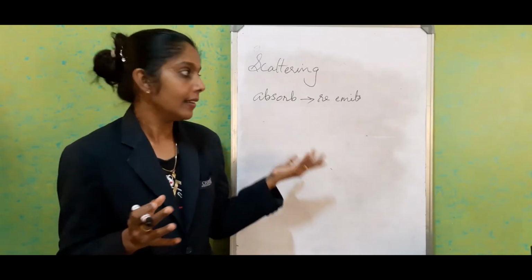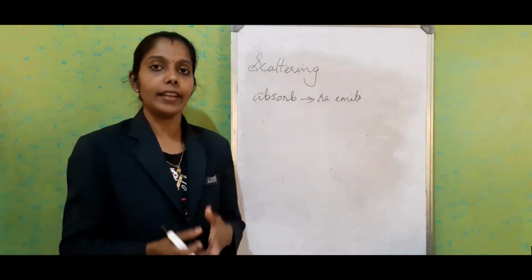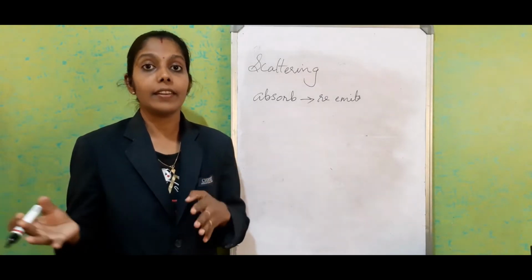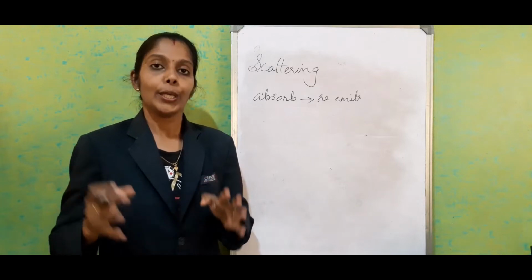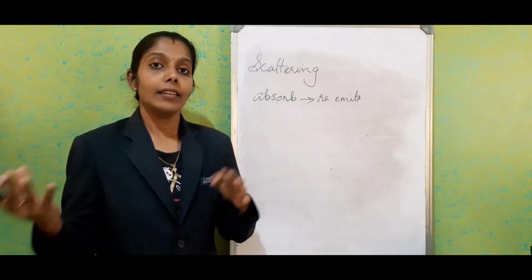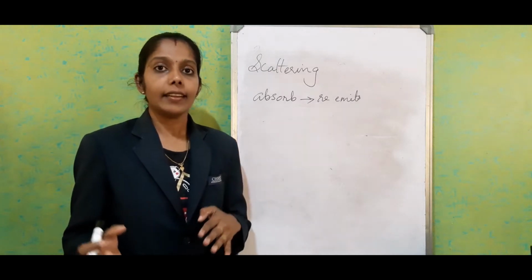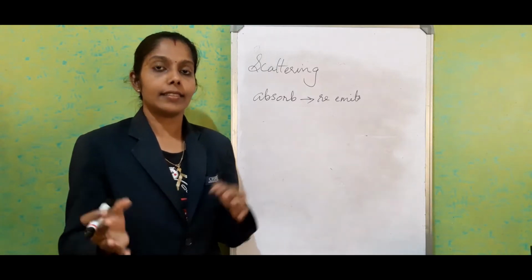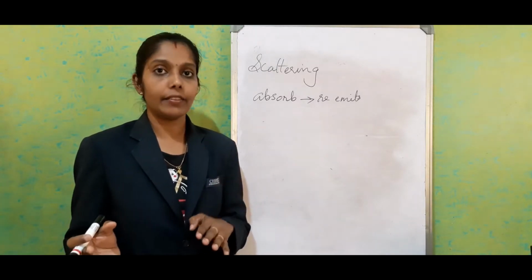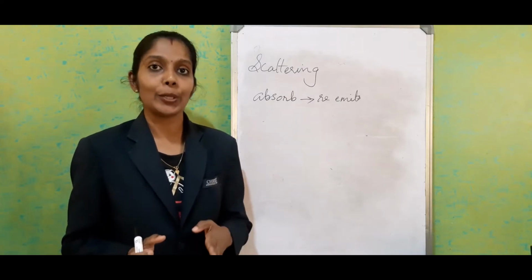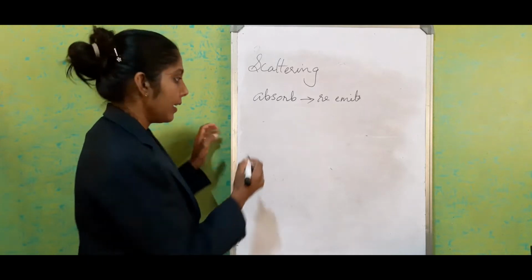Violet color has the least wavelength, so it scatters more. And for red color, the wavelength is in the 800 nanometer range, so it scatters the least. If you see the intensity variation, the scattering rate depends upon the wavelength. It is inversely proportional to the fourth power of the wavelength.